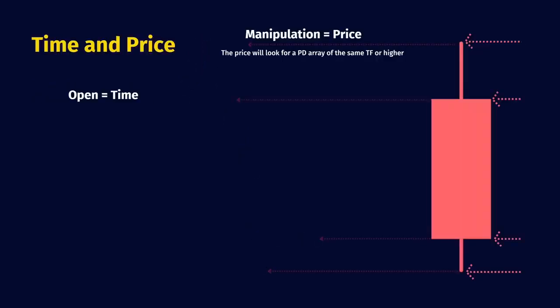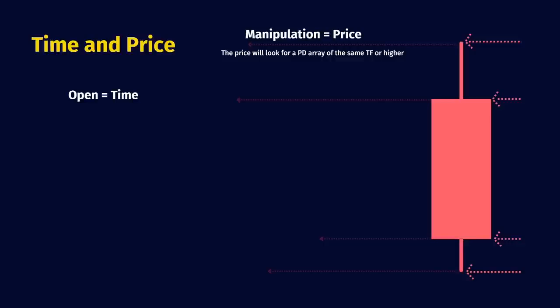Okay, in this moment, time and price are present in one candle, in one Power of Three. When you say time, it's the same as when you say the open, because every opening is at a specific time, a specific hour.